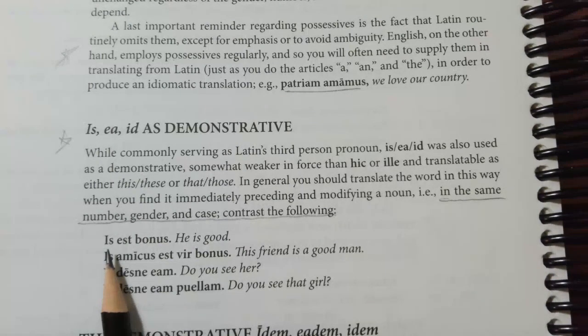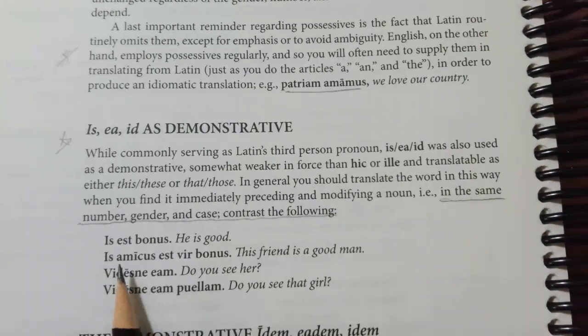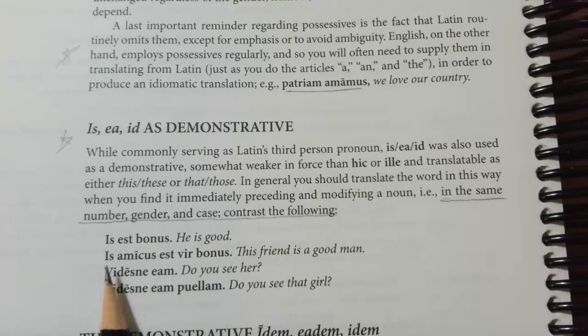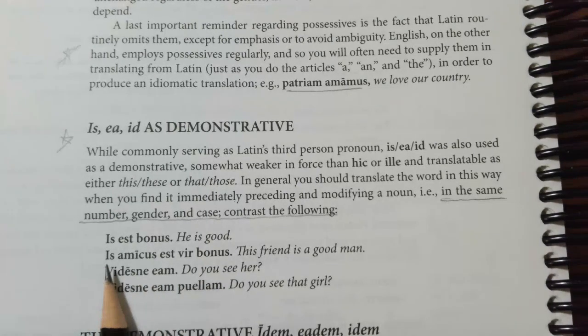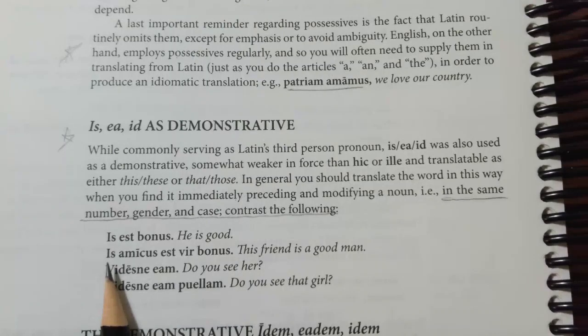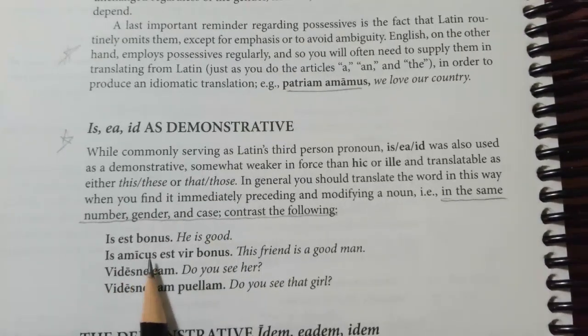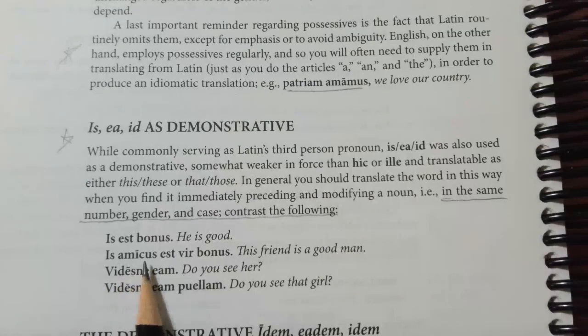Now is, ea, id being used as a demonstrative. Here we go: Is amicus est vir bonus. Our first instinct would be to translate it as "he," but then we get to amicus, friend. We know amicus is the nominative subject, singular, masculine. So "he, friend" feels awkward.